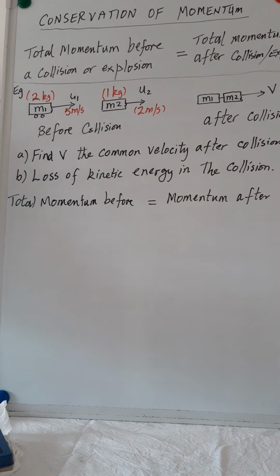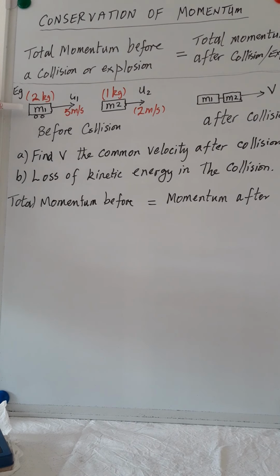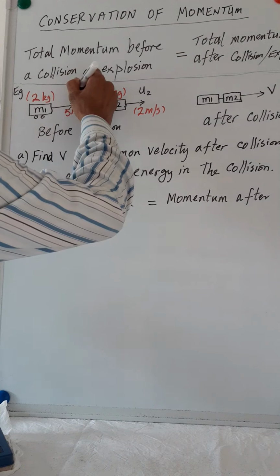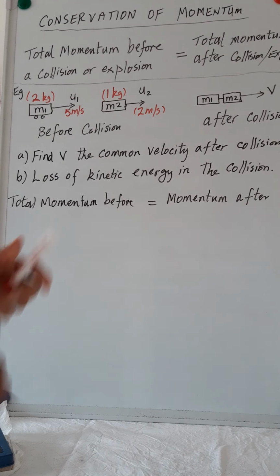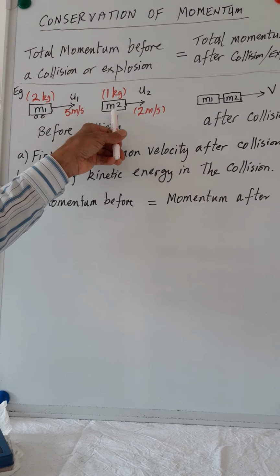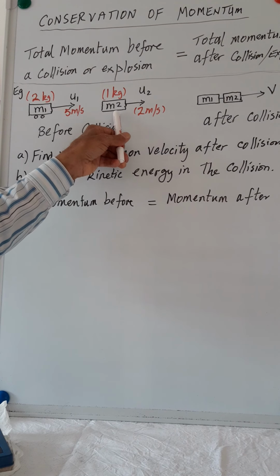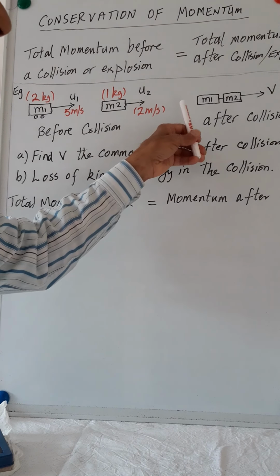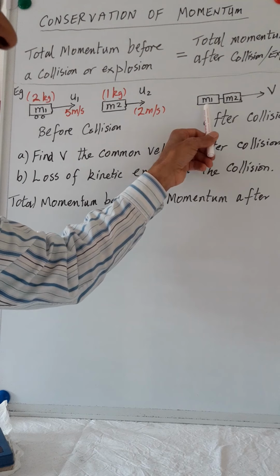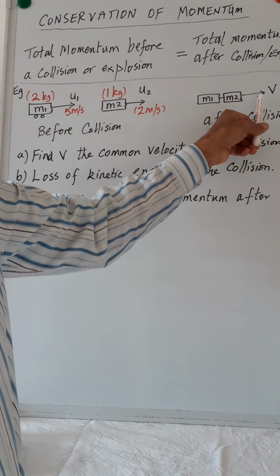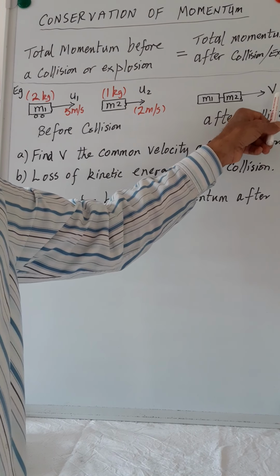So, in order to illustrate this, we're going to consider this example. Suppose we have a trolley of mass m1 moving with a velocity u1, which collides with another trolley of mass m2, and after the collision, the two trolleys stick together and move off together with a common velocity v.